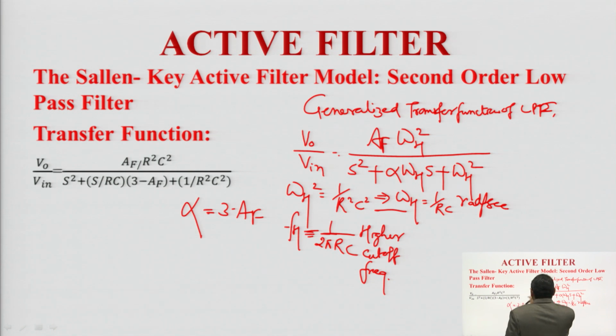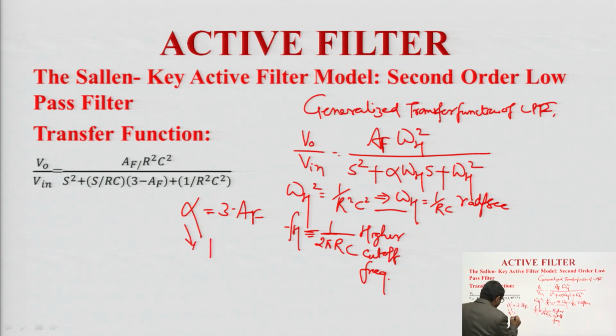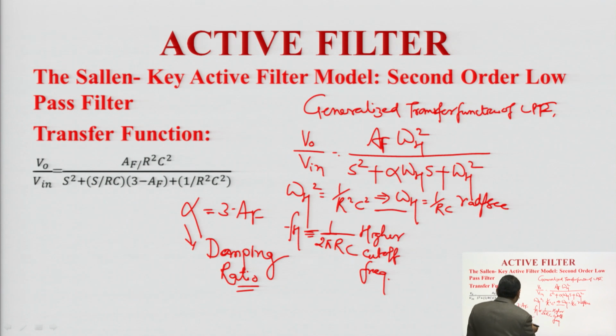Now consider the frequency response. Why is it called the damping coefficient? What is the meaning of this? We call it the damping ratio alpha. What is the significance of alpha?